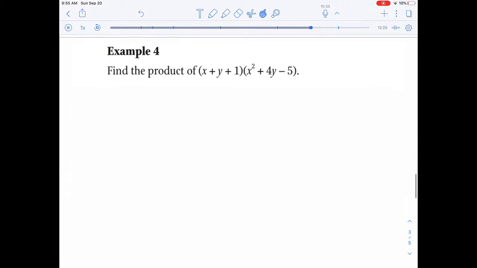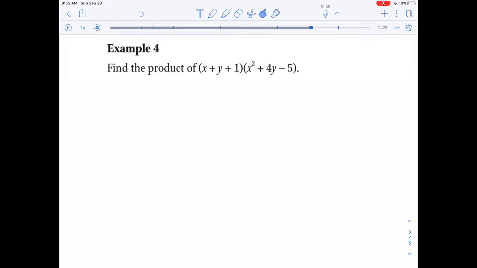Example 4. Find the product of the trinomial x plus y plus 1 multiplied by x squared plus 4y minus 5. So let's begin by writing the expression x plus y plus 1 multiplied by the trinomial x squared plus 4y minus 5.